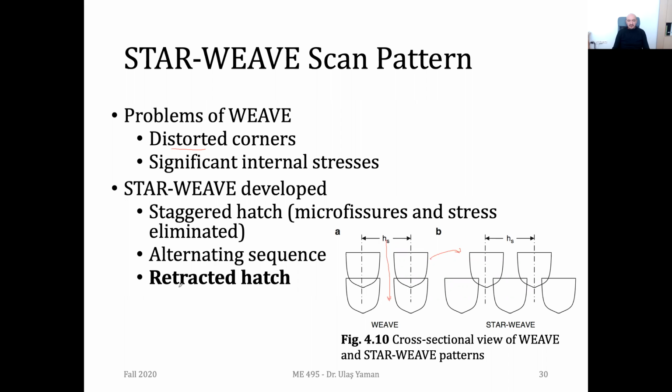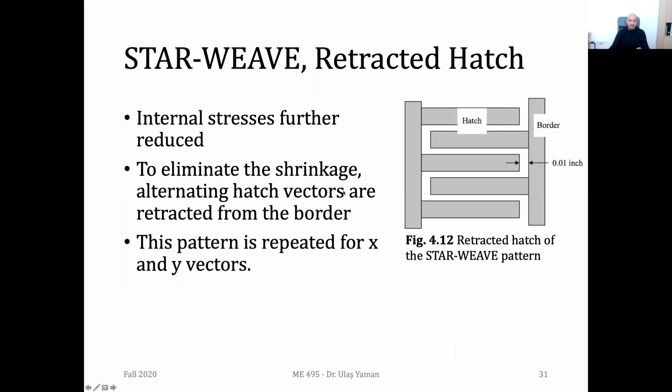And furthermore, they also had some solutions on the edges. They didn't connect these lines to the outer profiles completely. They retracted them. Now let me show you, this is how they have done it. This one is not connected to the side. As you see here, this is the retracted region, and with the help of it, they decrease the internal stresses.